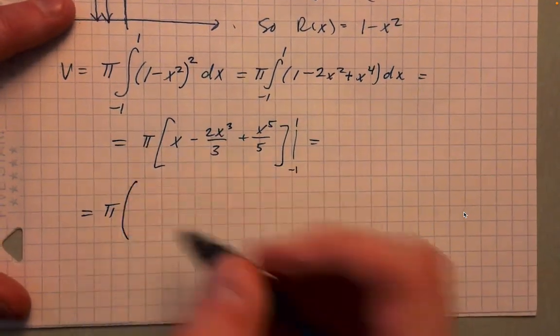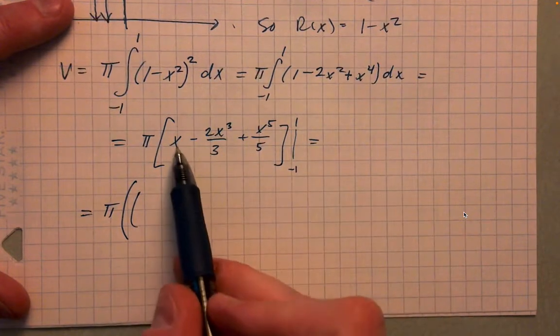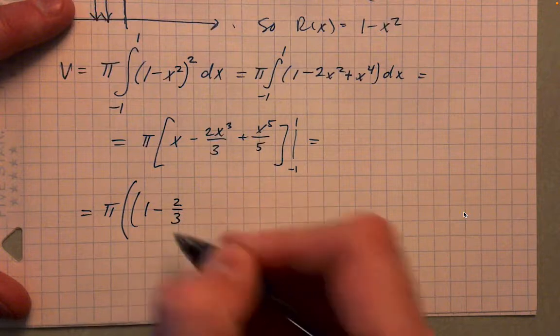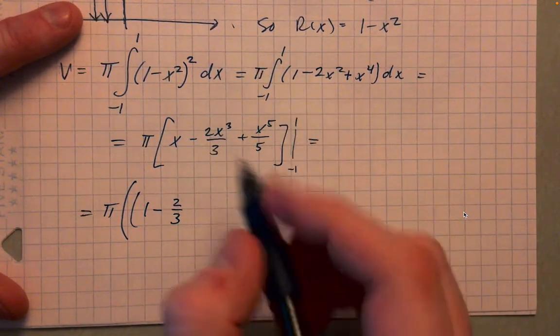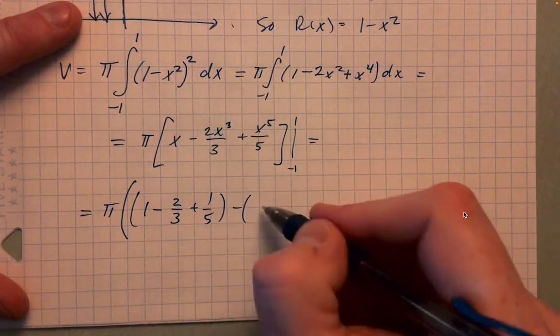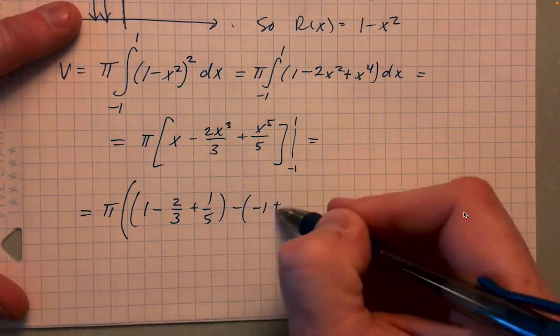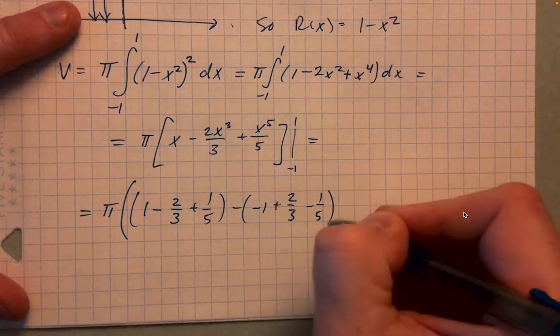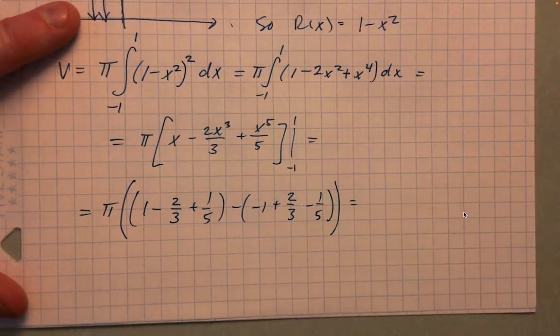So it'll be pi times, it'll be 1 minus 2/3 plus 1/5. And then after that, we'll subtract -1 plus 2/3 minus 1/5. Okay, so it looks like that.